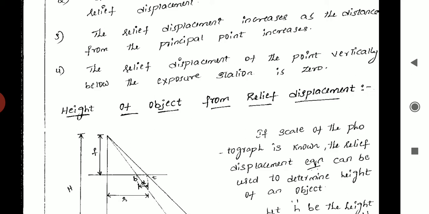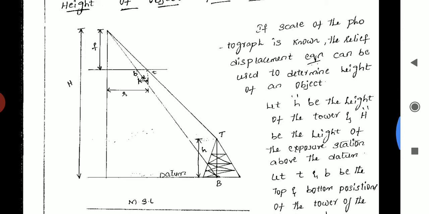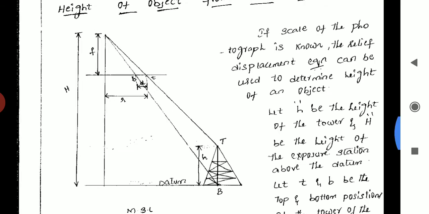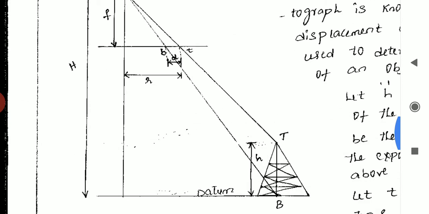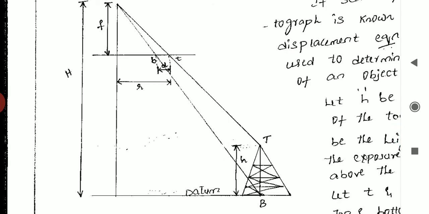The next concept is height of an object from the relief displacement. See here this figure. If the scale of the photograph is known, the relief displacement equation can be used to determine the height of an object.